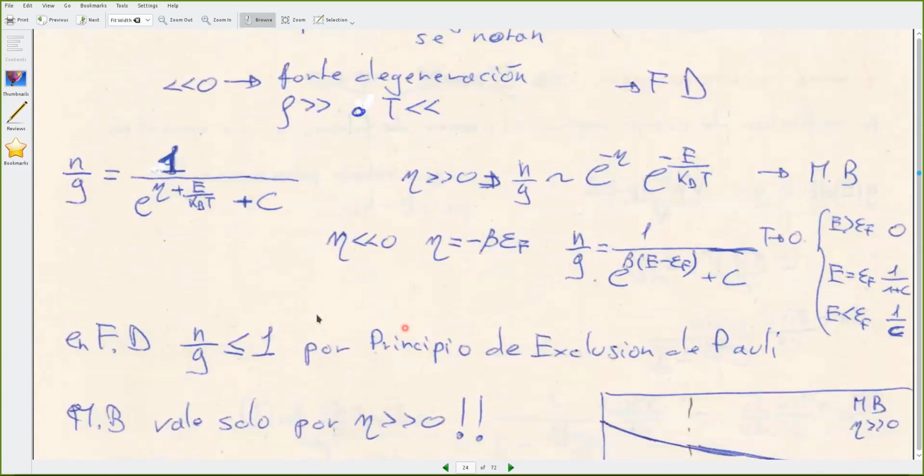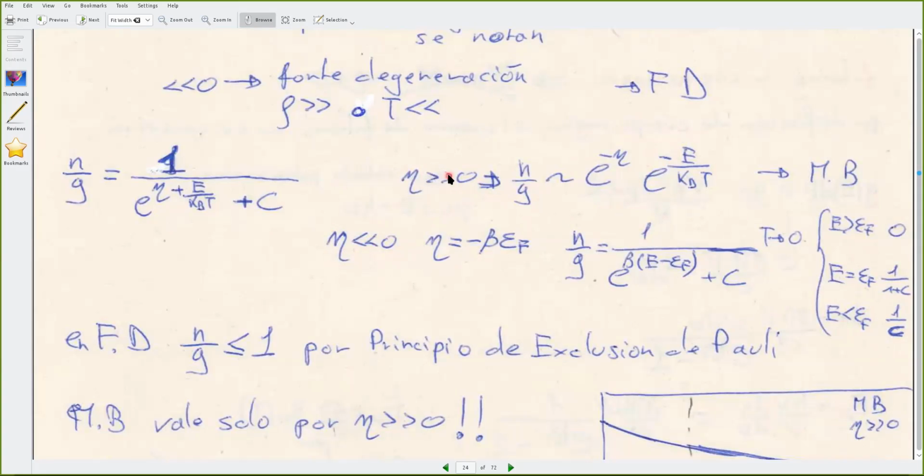As I said, if eta is greater than 0, then you have this solution. If eta is definitely less than 0, you have this one. You can simplify; this is in general.